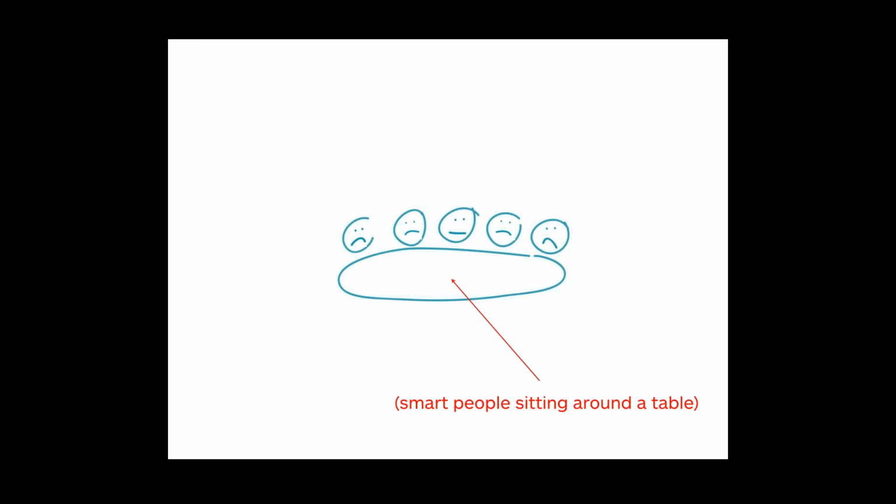You've got all these smart people sitting around a table, and some guy says, well, I've got an idea. We're going to look at that new technology coming out of our R&D facility, and it's going to be awesome because blah blah blah blah blah. He talks for a little bit, and then everybody else around the table goes, huh? What are you talking about?